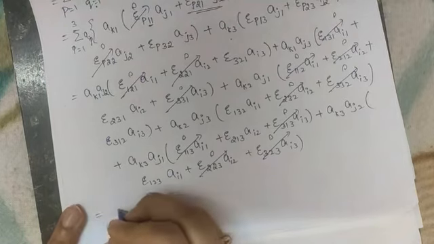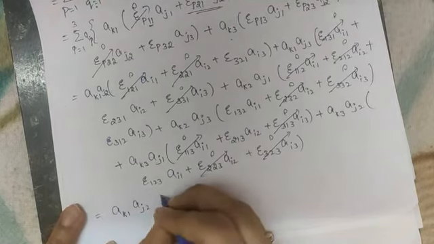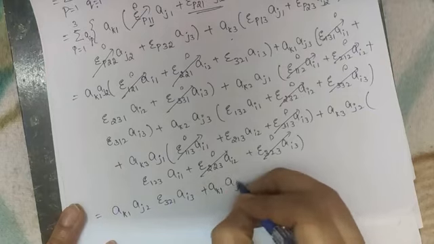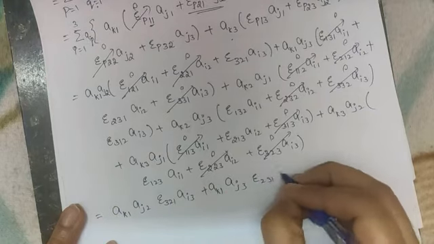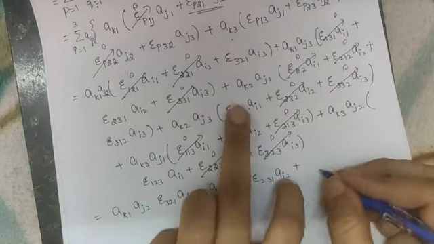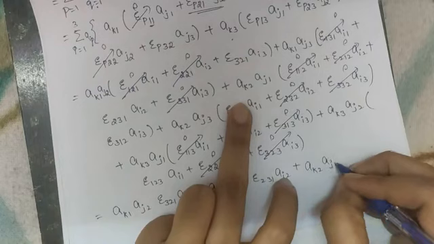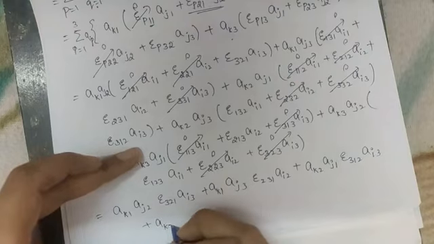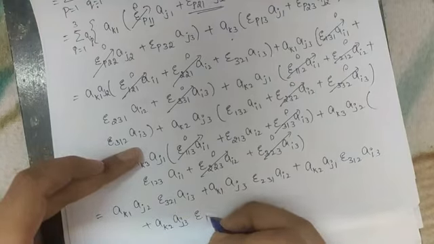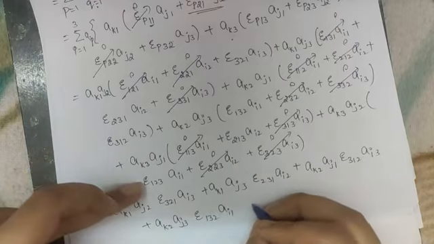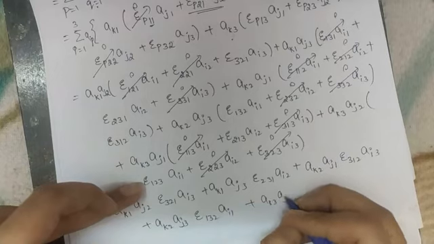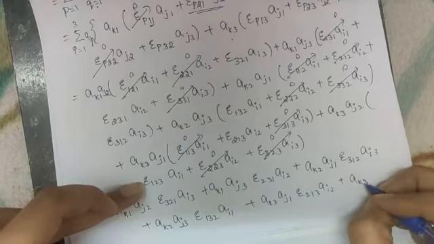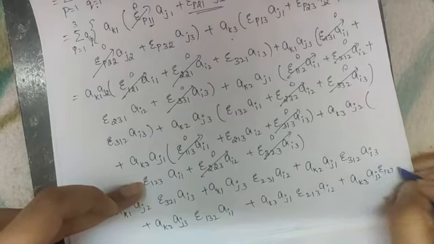So now at the end we are left with ak1 aj2 epsilon 321 ai3 plus ak1 aj3 epsilon 231 ai2 plus ak2 aj1 epsilon 312 ai3 plus ak2 aj3 epsilon 132 ai1 plus ak3 aj1 epsilon 213 ai2 plus ak3 aj2 epsilon 123 ai1.